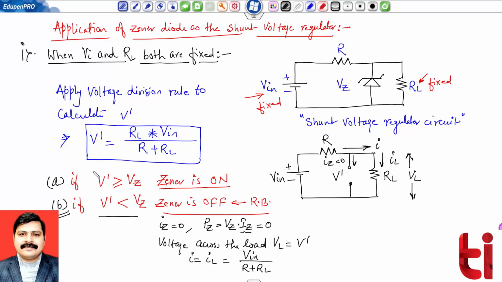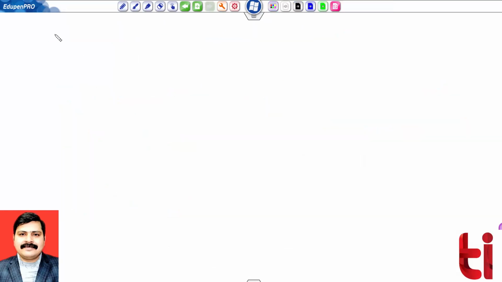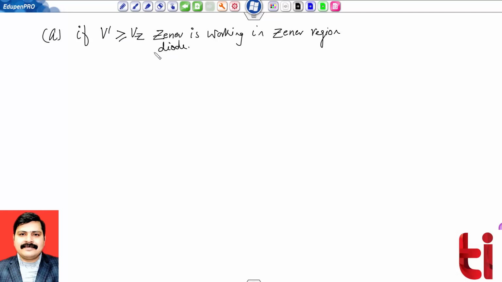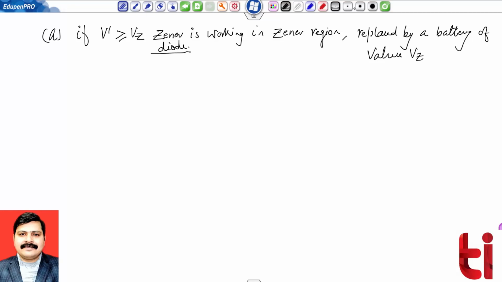Okay, so let's see the analysis for case A, meaning V dash is greater than or equal to Vz. The Zener diode is working in the Zener region. That means it will be replaced by a battery of value Vz, and it is termed that my Zener is on.